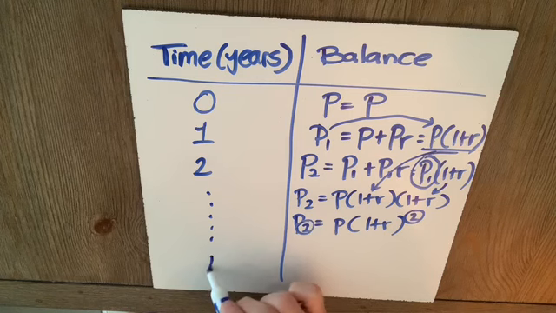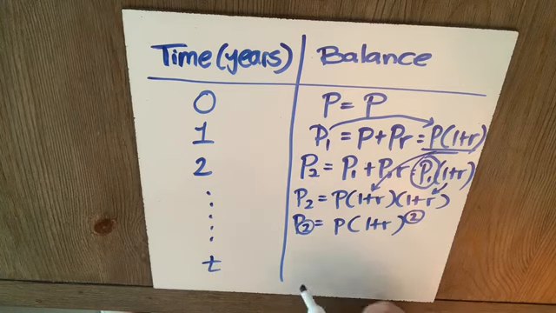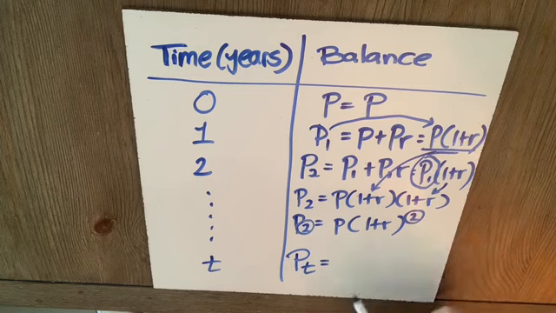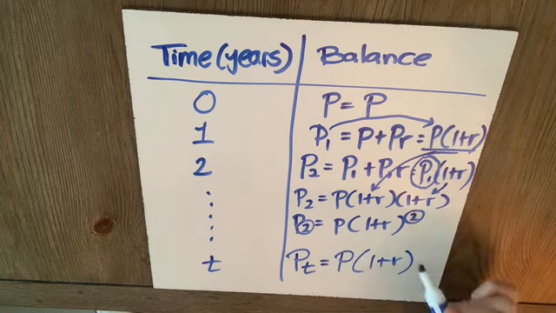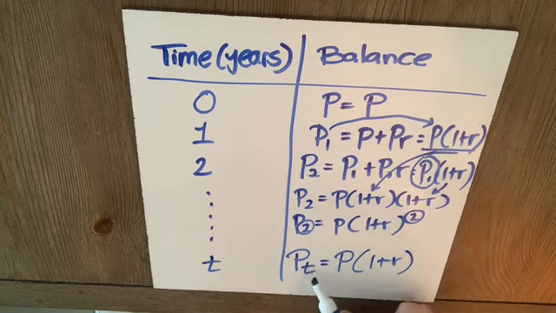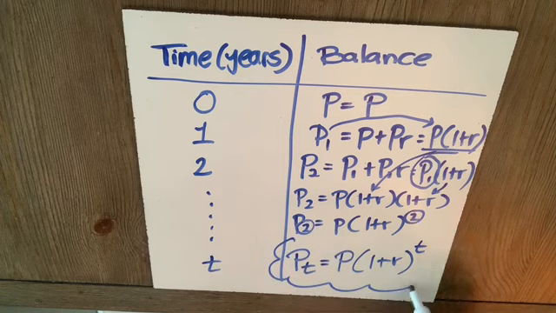I'm not so concerned with 2. I want to know what happens after an indeterminate number of years, almost like when we're doing sequences and series. I want the general term. Well, the equivalent of that would be P at some time t would be the original principal times 1 plus R to that. Well, if this was 2, this was 2. If this is t, this is to the t. And that is going to be super important for us.